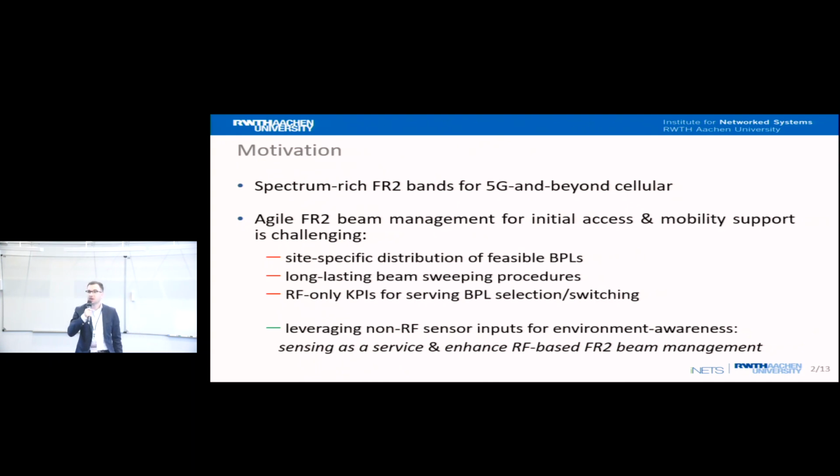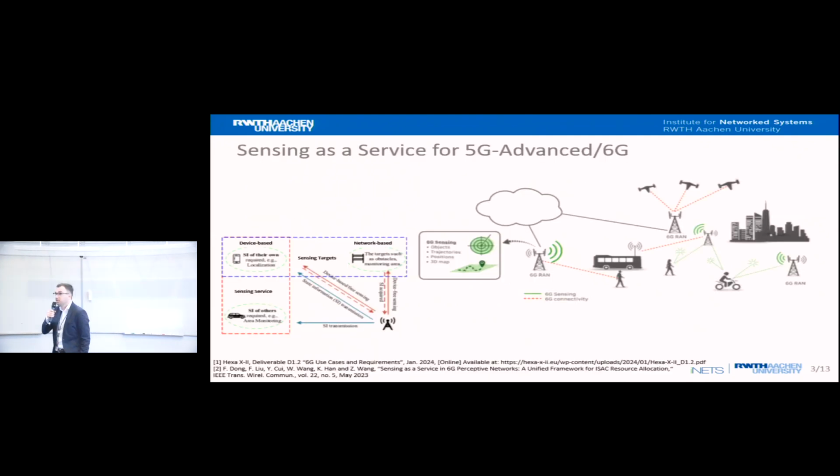There is a big consensus that it will become part of the upcoming 6G standard within the joint communication and sensing, ICAS, paradigm, and we try to use it also to enhance FR2 beam management.